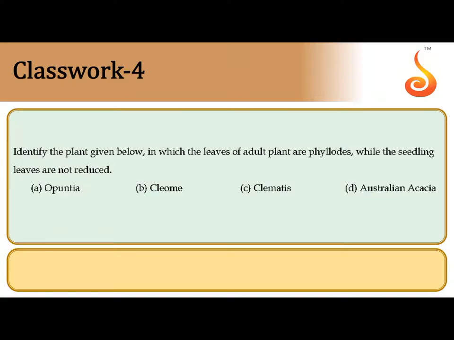Identify the plant given below in which you have phyllodes. Phyllodes are nothing but flattened leaf bases. So there is a phyllode like this, which is flat, and then you have the remaining parts of the compound leaf that you can see in this particular plant. Later, this compound leaf portion will get shed off, and what is left behind is only this flattened green portion, which is actually a flattened stalk of the leaf, called the petiole.